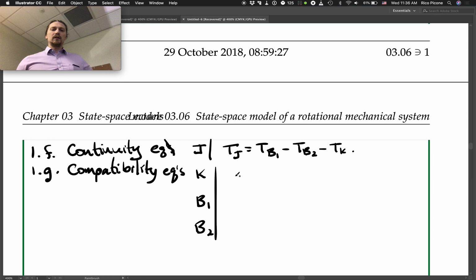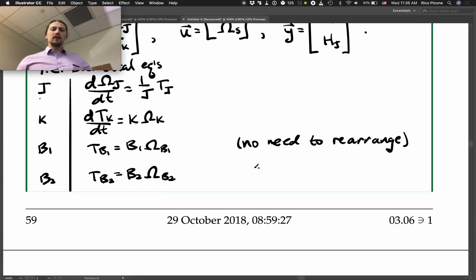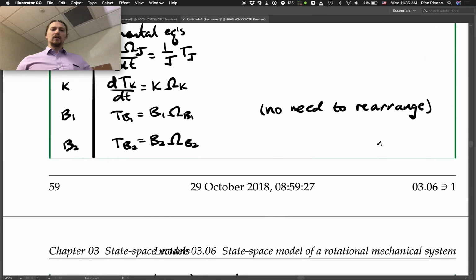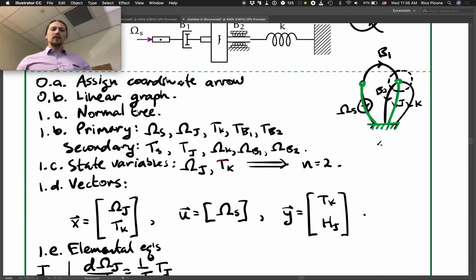And we've got, for K, the loop that's created when we include K in the normal tree tells us that omega K is equal to omega J, right? So omega K has to be equal to omega J. Are the T's also equal? Only the omegas.